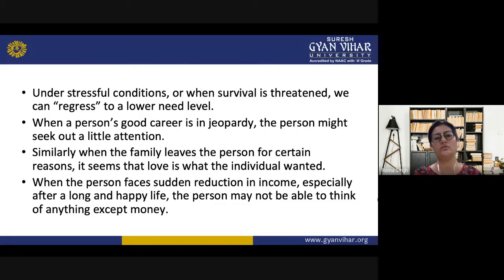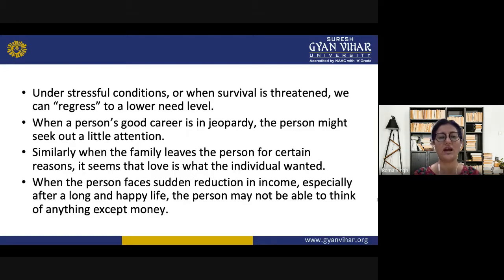So when a person's good career is in danger, the person might seek out a little attention. He needs to safeguard it first, otherwise he will not be able to climb the next ladder. Similarly, when the family leaves the person for certain reasons, it seems that love is what the individual wanted. Many a time we can see that people know the value of certain people only when they leave you.